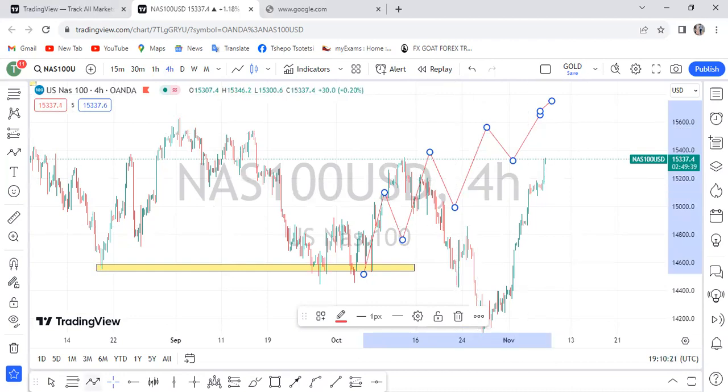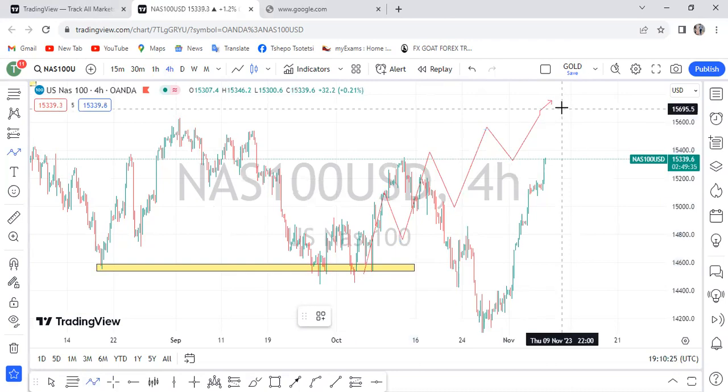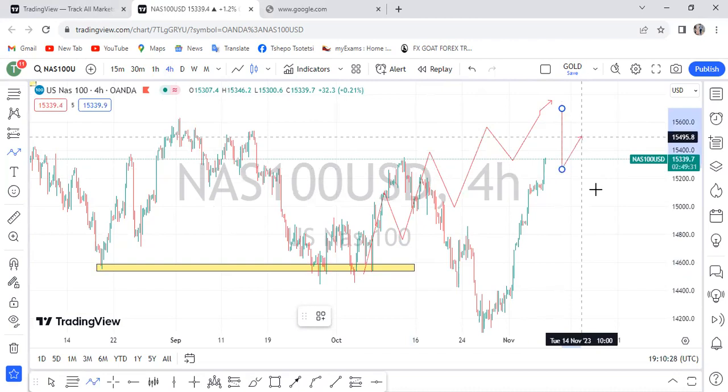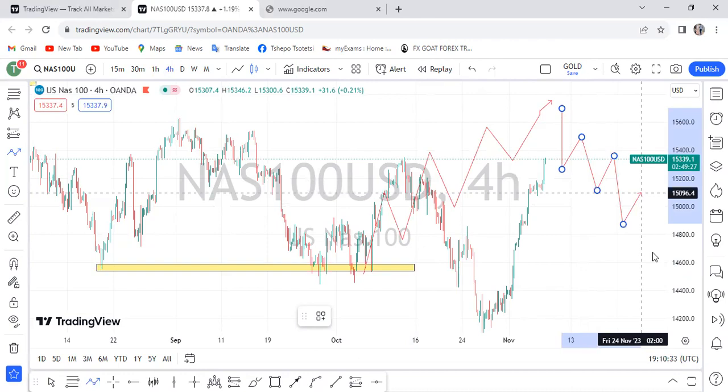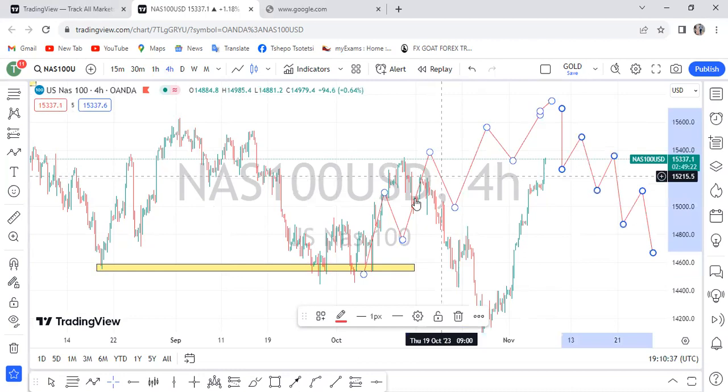But when the market is going in a downtrend, it will be making lower low and lower high, lower low and lower high, lower low and lower high, and lower low. So this is the structure of the market. When the market is going up, we have a higher high and a higher low.